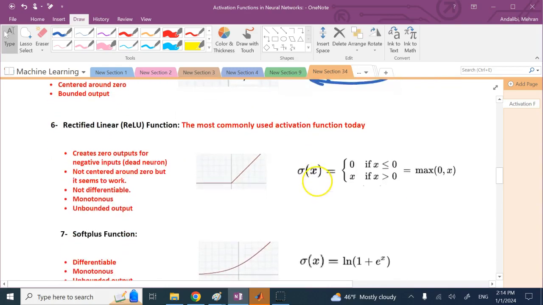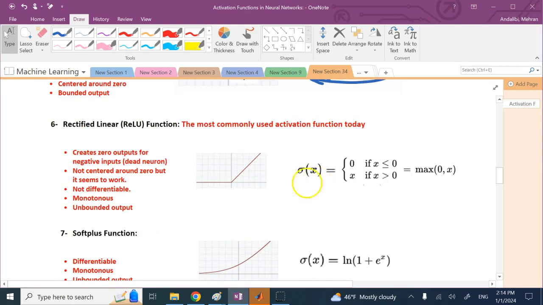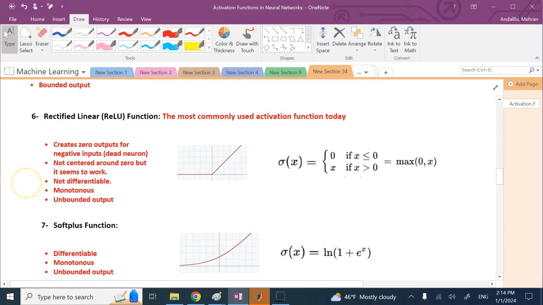So are there functions that do not basically suffer from this problem? Yes. One of them, which is the most common one these days, and everybody's using it, is called the rectified linear or ReLU function.